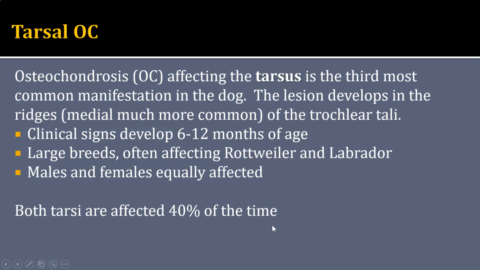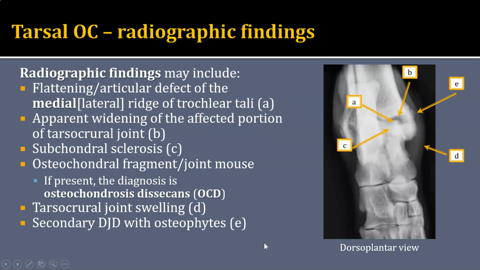Again, large breeds are predominantly affected, and then oftentimes the Rottweiler and Labrador Retriever are overrepresented. In this lesion, males and females are equally affected. And then both tarsi are affected about 40% of the time, so just under 1/2.